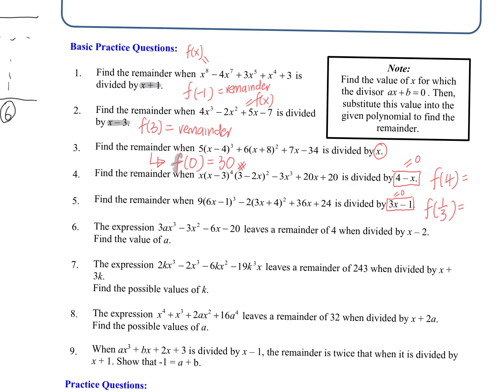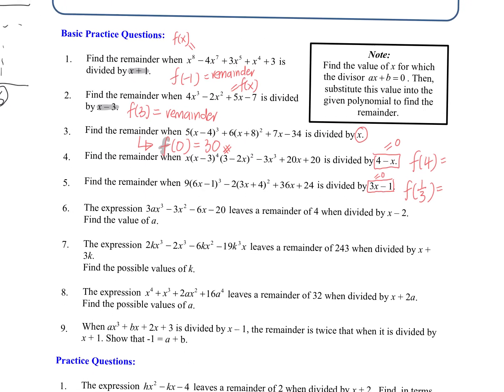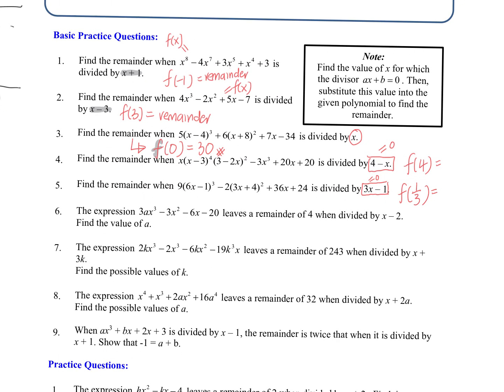Okay. So can you calculate the remainder for me? 3 minus 8 square times 4 cube plus 20 times 4 plus 20.